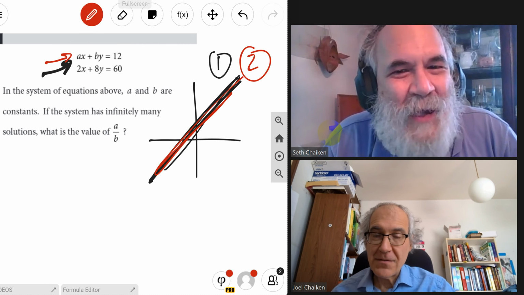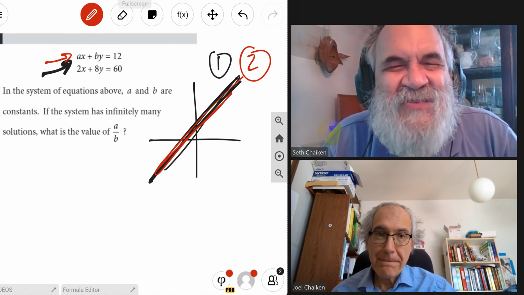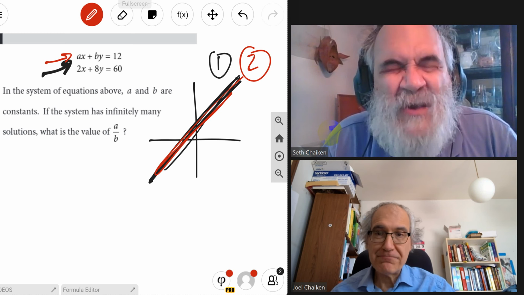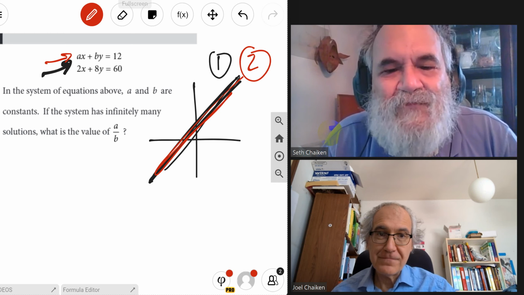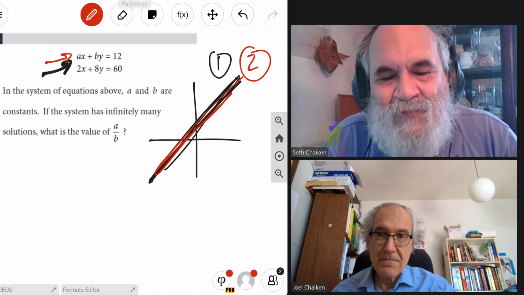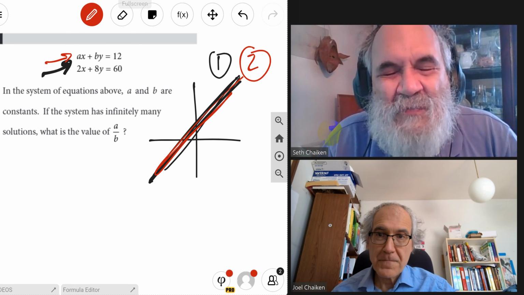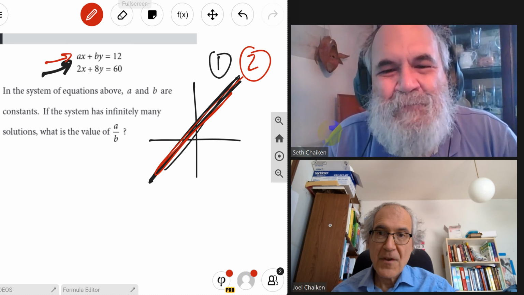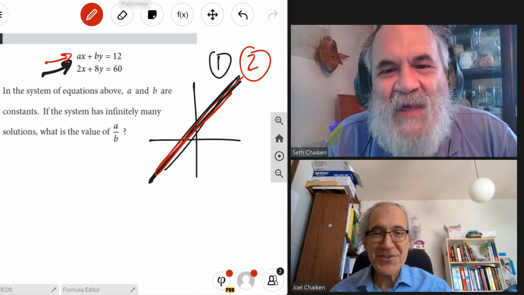Perhaps you shouldn't say identical, you should say equivalent. Equivalent means that the equations mean the same thing. More precisely, they have the same solution sets. Seth is a mathematician, so he talks like that.